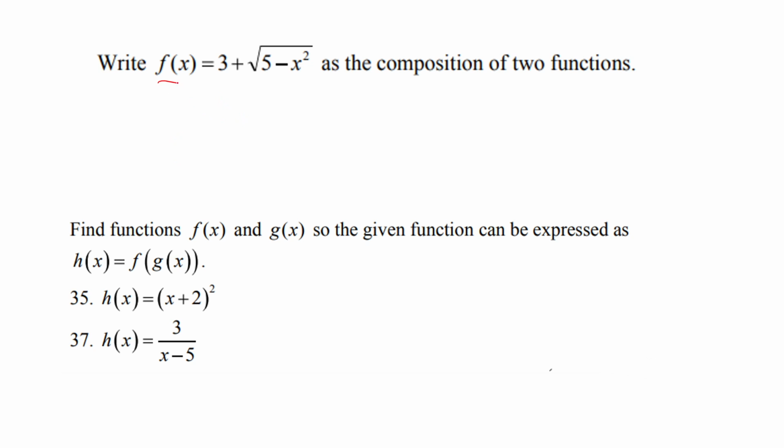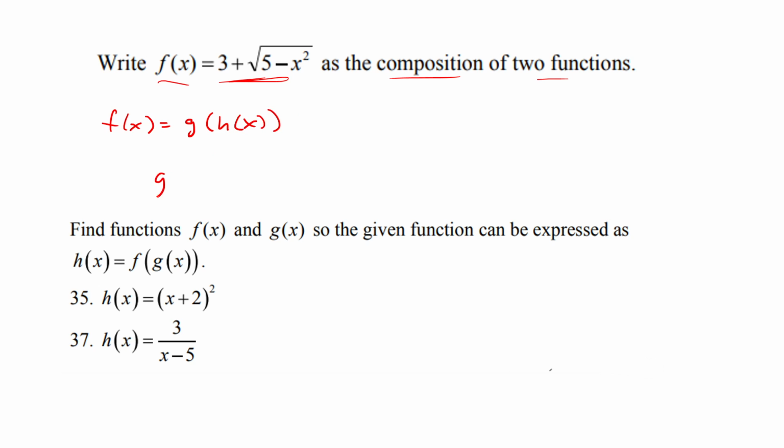So looking at this example, okay, it says write this function as the composition of two functions. Okay, so for instance, let me just give them different names. We want f to be g of h of x.